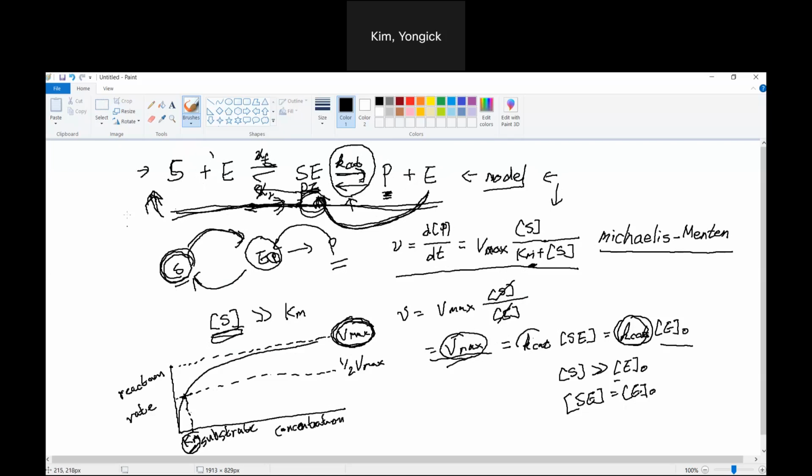And also, if we have stepwise substrate binding, like substrate 1 plus enzyme, and then it makes a substrate 1 enzyme complex, then plus substrate 2, makes a substrate 2, substrate 1 enzyme complex, and makes a P plus E, something like that.